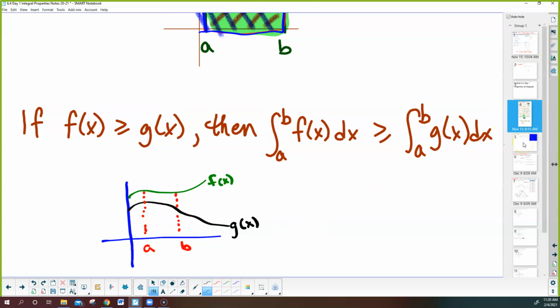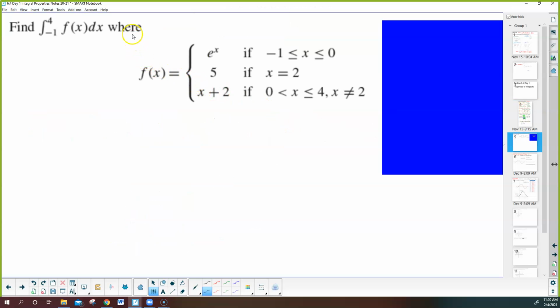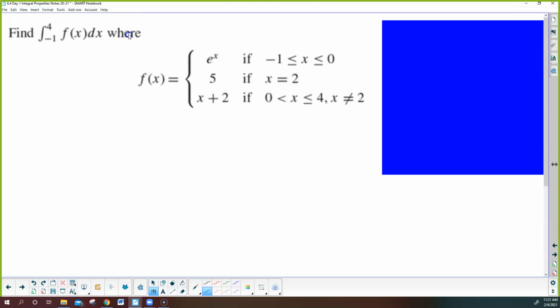So how are those properties going to come into play today? That's what we're going to see. I would like you to write this down. This could be very intimidating as a problem if you saw it on a free response question or a multiple choice part on the AP test. A lot of students freeze because of this notation for a piecewise function.